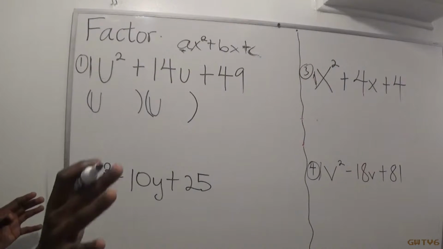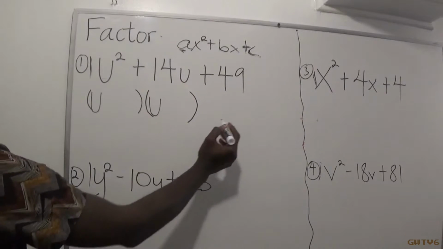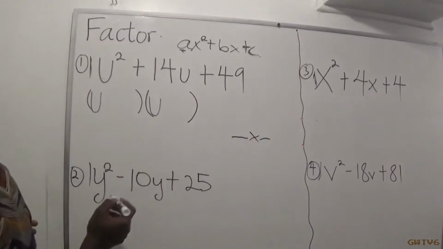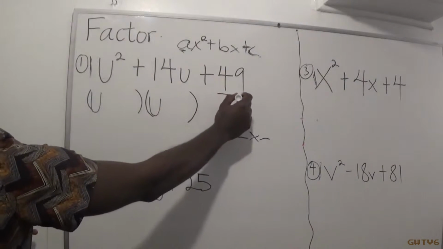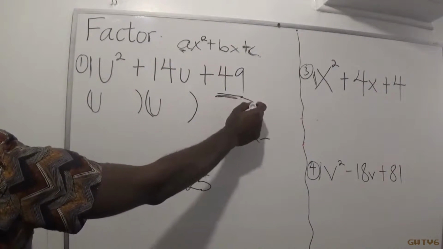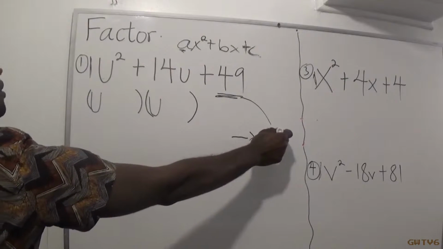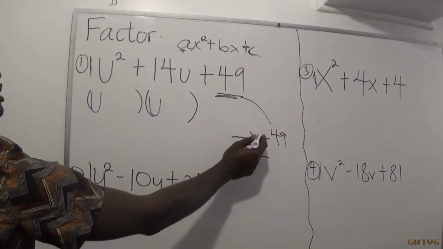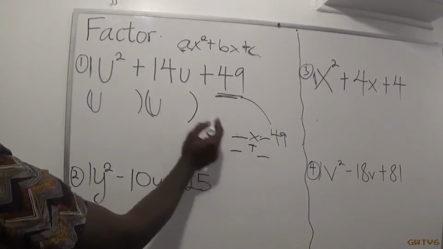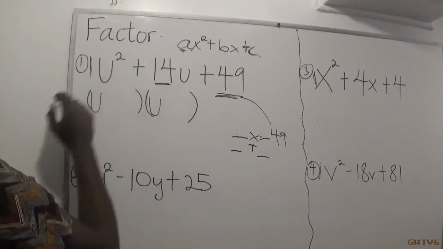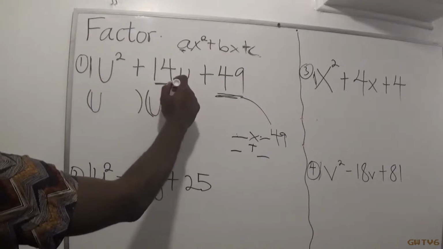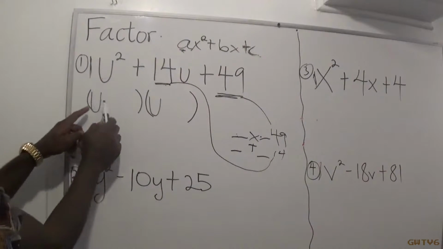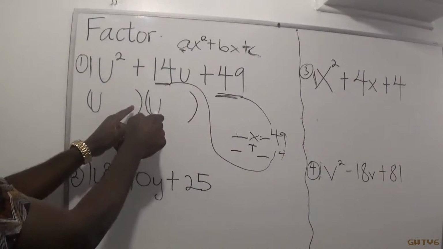You're going to look for two numbers that when you multiply, you should get the number at the end here, which is 49. And when you add those same two numbers, you should get the middle number, which in this case is 14.